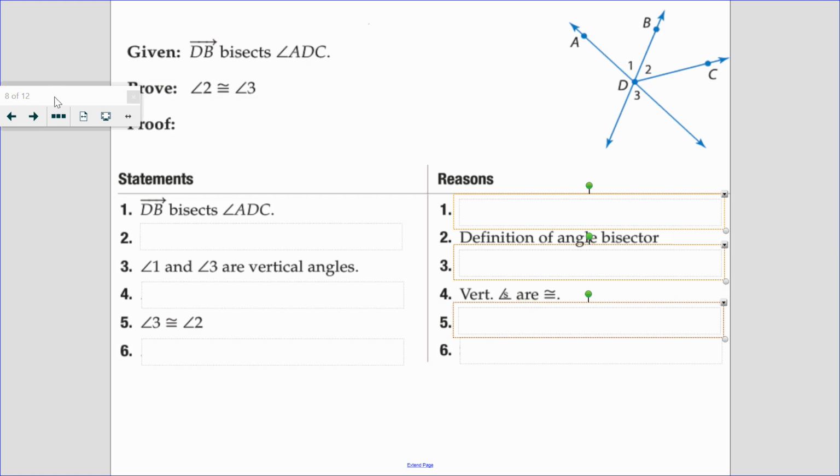Okay, so we are given that DB bisects angle ADC, and we're trying to prove that angle 2 is congruent to angle 3.